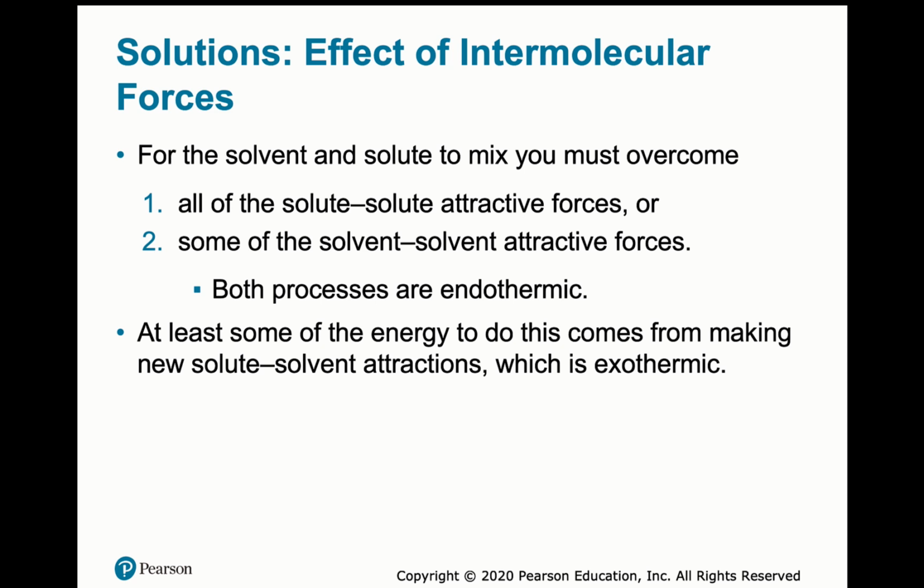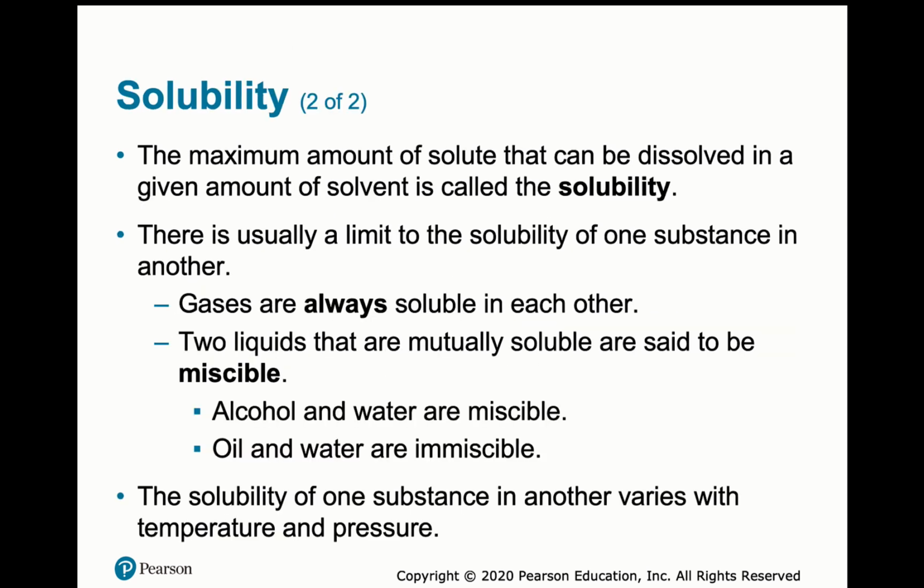So for solvent and solute to mix, they have to overcome all of the attractive forces that they have for each other. And to overcome these, this is endothermic. It takes energy. So it very much helps if the solvent and solute have a higher attraction.